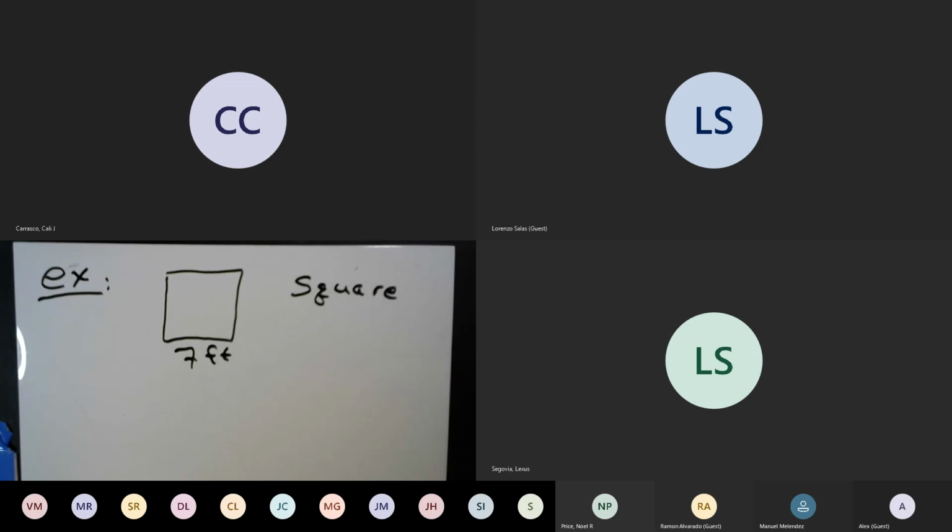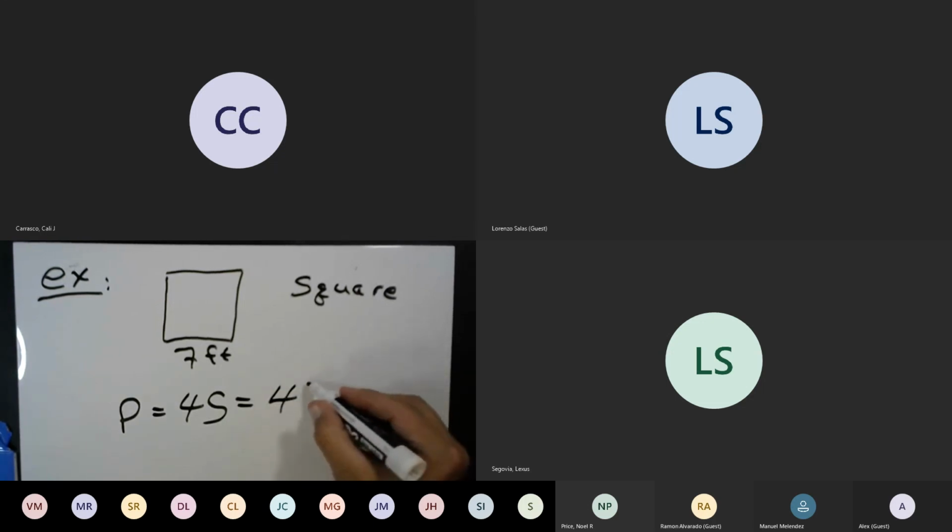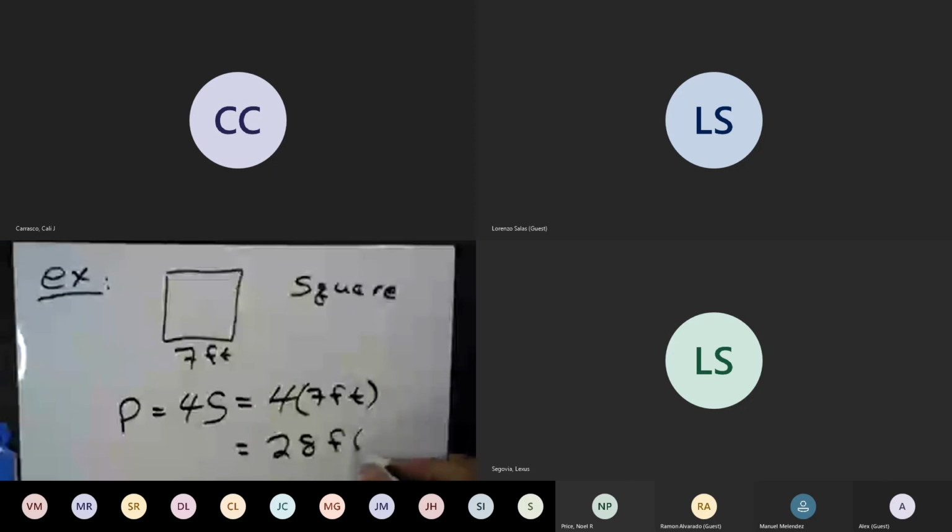You want to know if the sides are exactly the same. So the perimeter is 4S. So again, we've got two variables here. For this to work, we got to know one of the variables. And they tell us one of them is going to be 7 feet. So we do our substitution, and we get 28 feet. And that's going to be our answer.